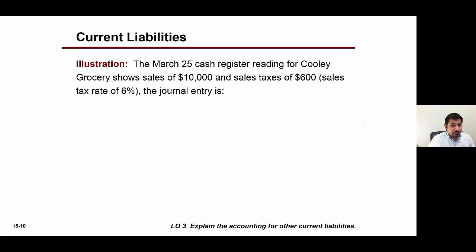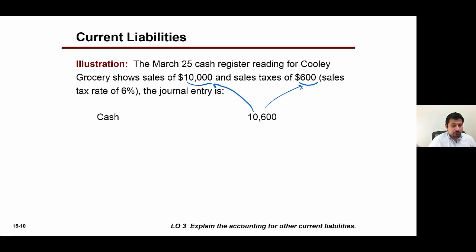The company received cash from customers for the value of 10,600. Although their sales revenue is only 10,000, they also collected cash, so they have to record it. The cash they received was 10,600, which is made up of two parts: the sales revenue and tax.